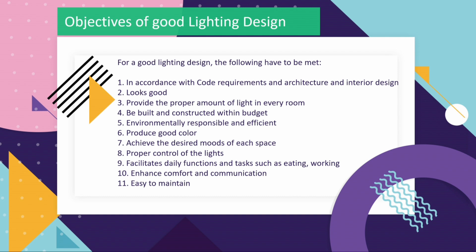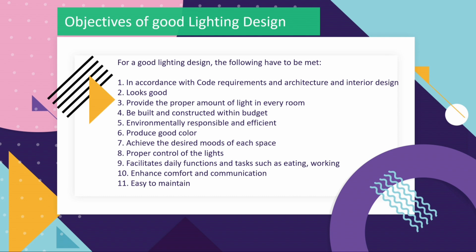Effective lighting design is essential for facilitating daily functions and tasks in various spaces. By focusing on appropriate task lighting, color temperatures, and adjustable controls, you can create environments that enhance comfort and productivity, making everyday activities like eating and working more enjoyable and efficient.